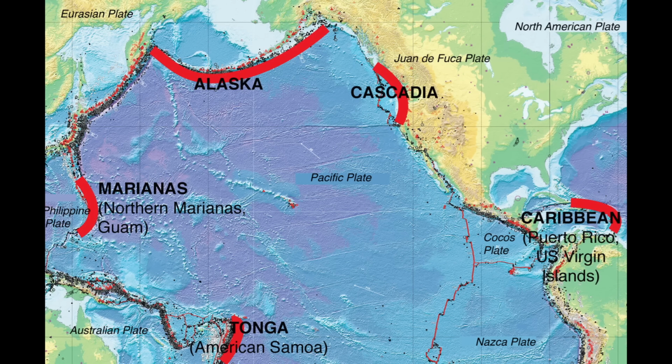And here we see a map of various subduction zones around the world. In the United States, the major subduction zone is the Cascadia subduction zone. And eventually, it's expected that that plate boundary will produce an earthquake in excess of magnitude 9.